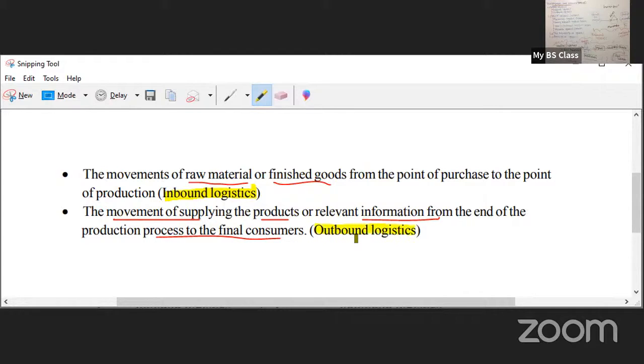So from the supplier's point of view to the manufacturer, that is the inbound. Once you're done with the production, until it reaches the final consumer, everything related to that is the outbound logistics.